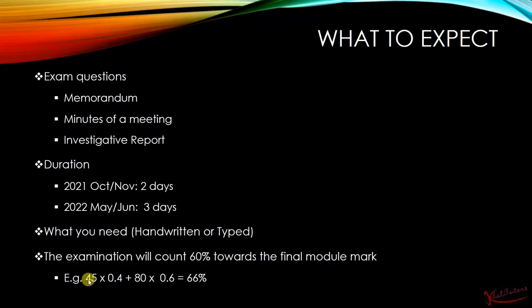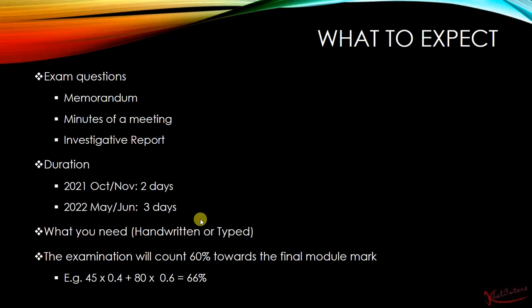Okay, if your class mark is 45 and your portfolio exam mark is 80, this is how they're going to calculate your final mark. They will say 45 times 0.4 plus 80 times 0.6, and in this case your class mark would have worked against you, since you'll get a mark lower than the distinction, while in the portfolio exam you actually got above 75. Okay, so yeah, that's basically it.